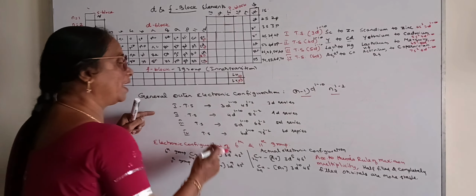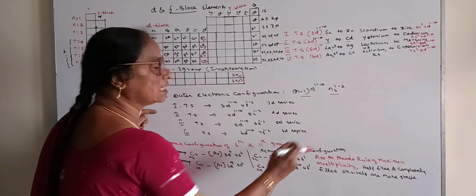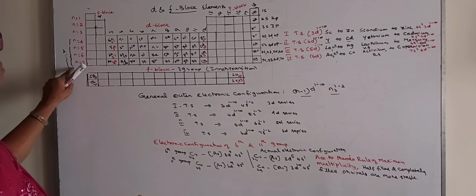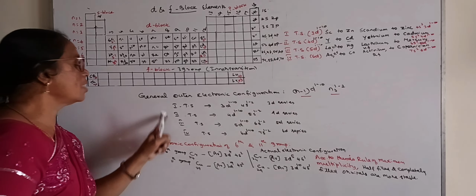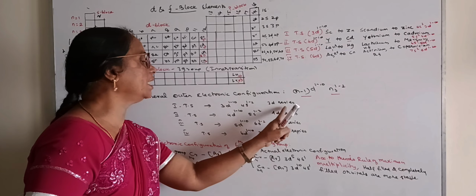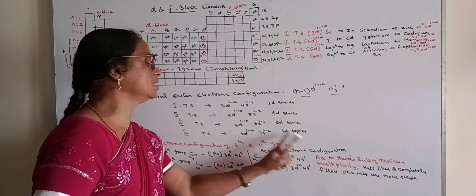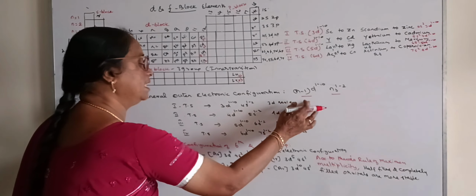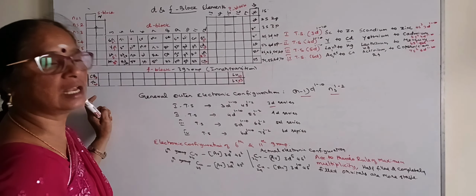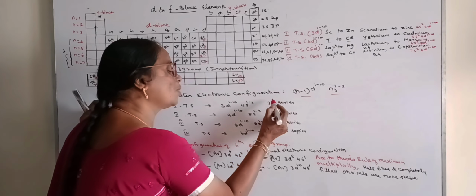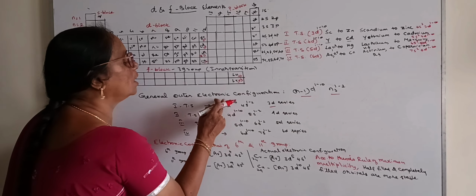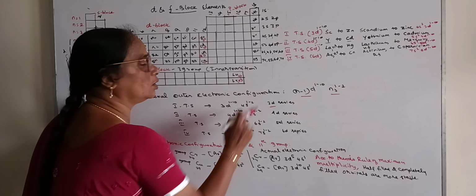And if we find the electronic configuration of each series from the 4th period to the 7th period, we have 4 transition series: the 3d series, 4d series, 5d series and 6d series. In the 3d series, the 3d orbital is the valence shell of the series, in which the electron enters, so we get 3d1 to 10, 4s1 to 2.